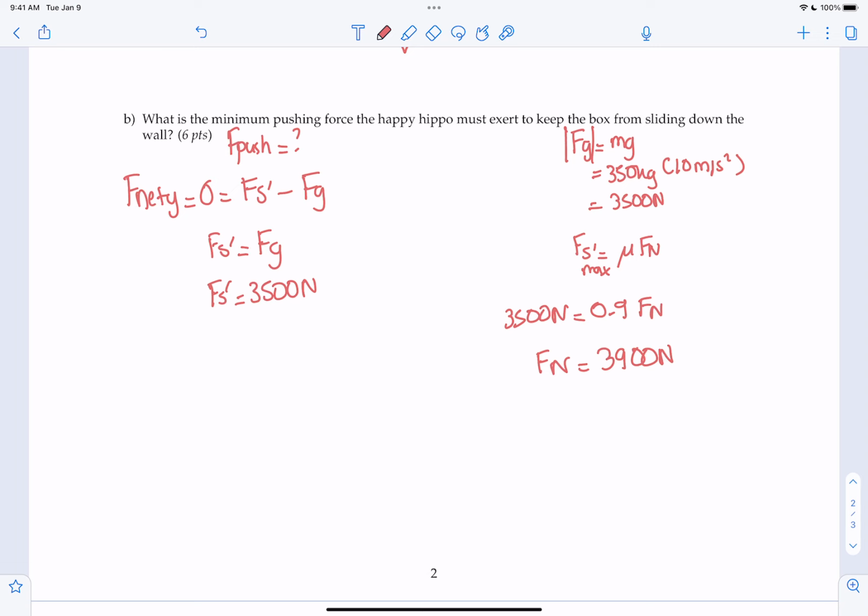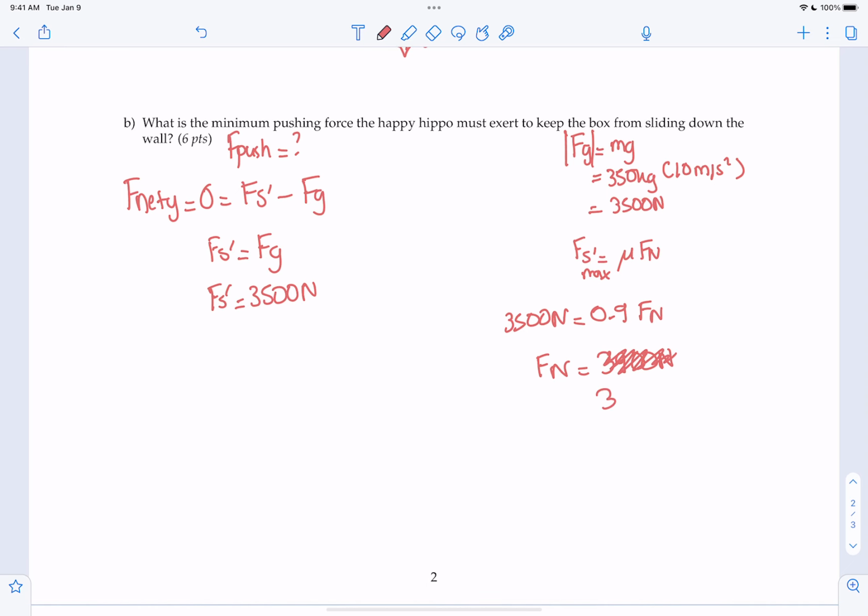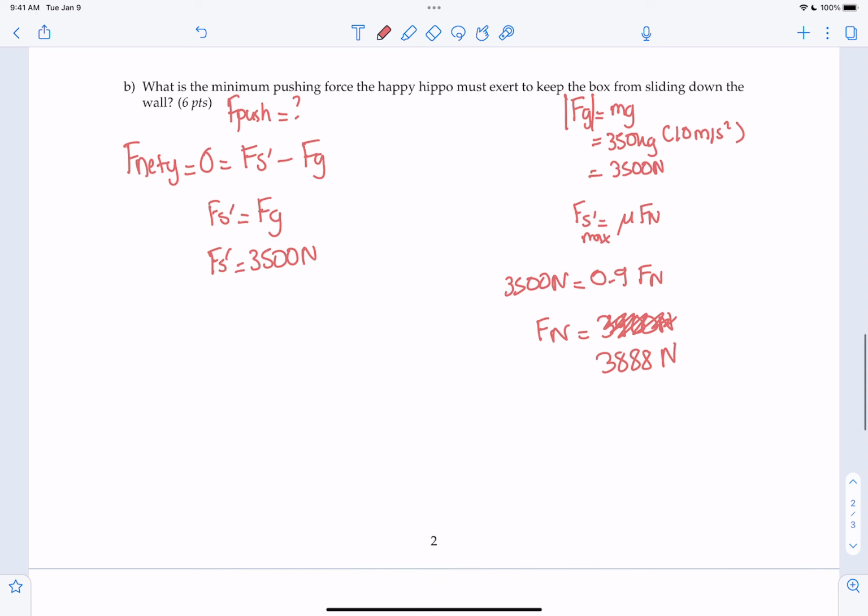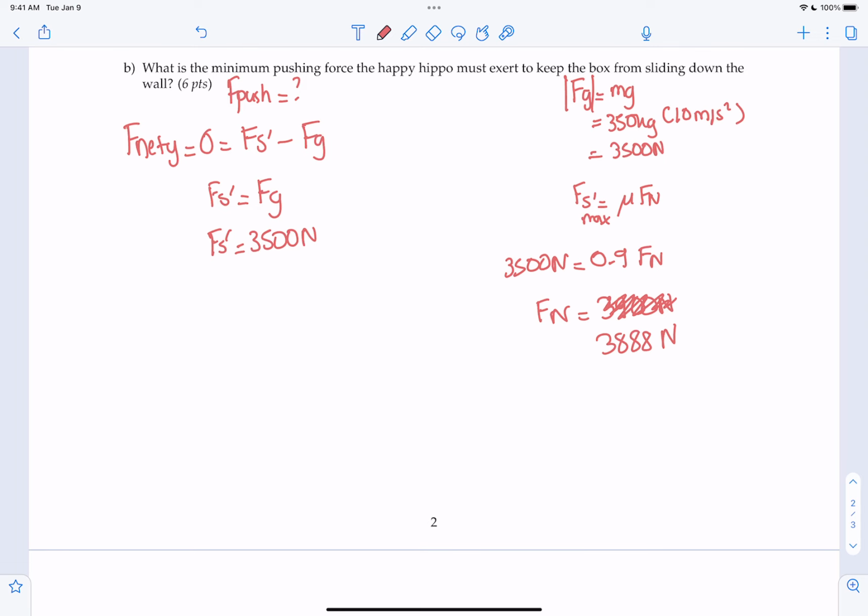Someone want to check that? Let me grab my calculator and check it as well. At 3,888. Yeah. 3,888 newtons, right? That's our normal force.